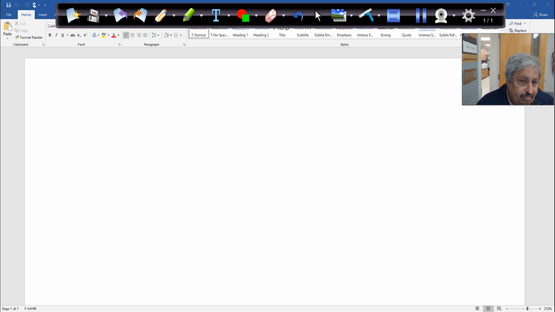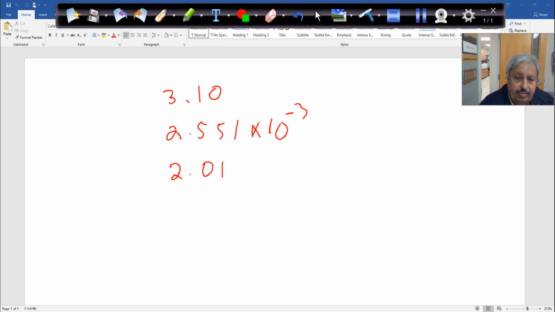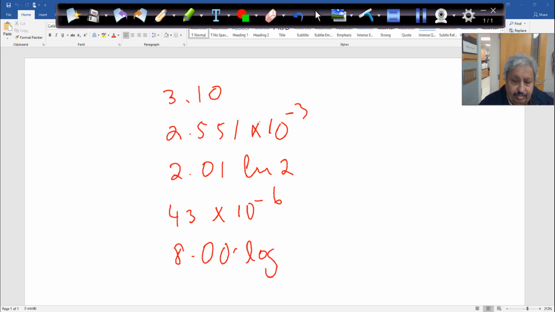For example, 3.10, 2.551 × 10^-3, 2.01, ln 2, 43 × 10^-6, 8.00, log of 2, and so on.